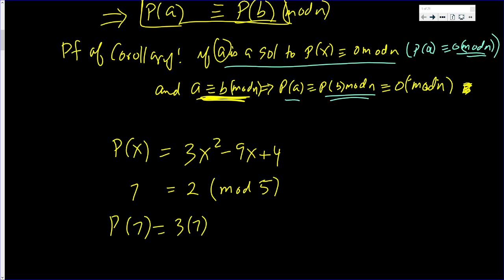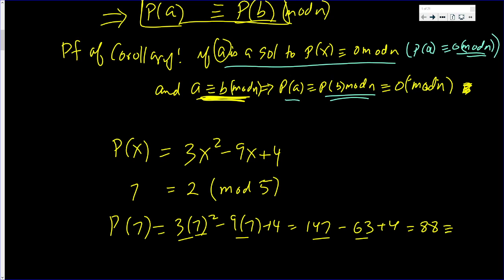It's 3 times 7 squared minus 9 times 7 plus 4. It's 49 times 3, which is 147, minus 63 plus 4. This difference is 84, plus 4 is 88. And this is congruent to 3 mod 5, because this is 85, clearly a multiple of 5, plus 3 more.